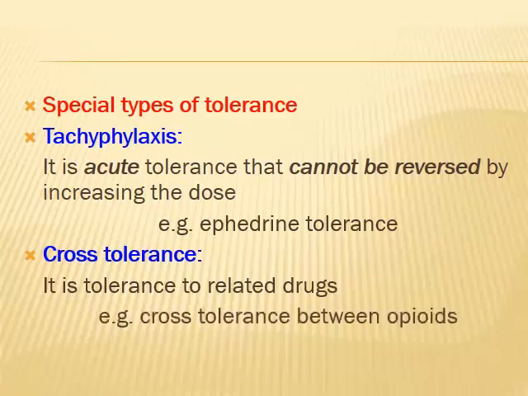The best example for the drugs that induce cross-tolerance are the opioid analgesics. They act by activating the mu receptors. Downregulation of the mu receptors occurs on repeated administration of any opioid drug. This will prevent the other opioids from inducing their analgesic action.